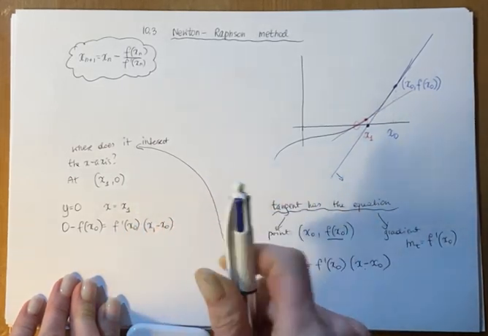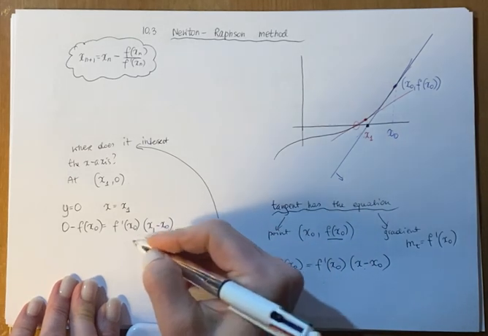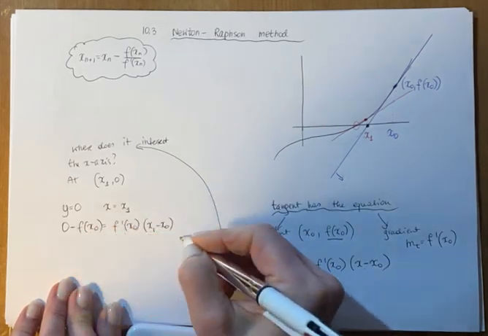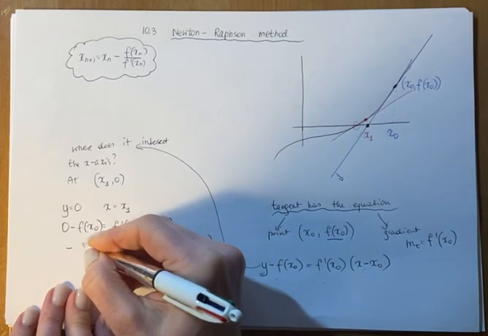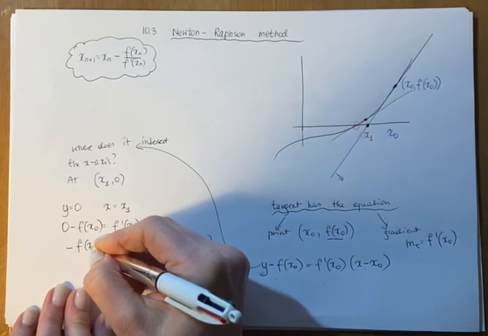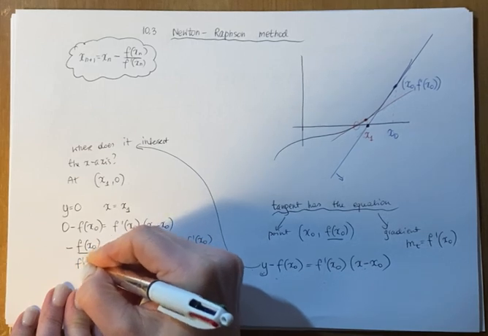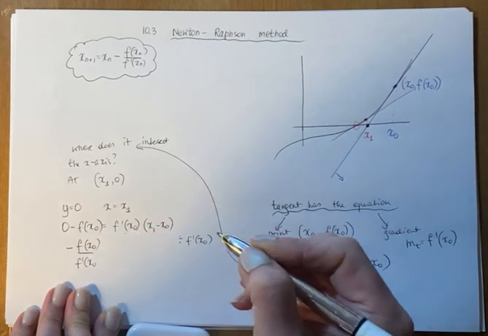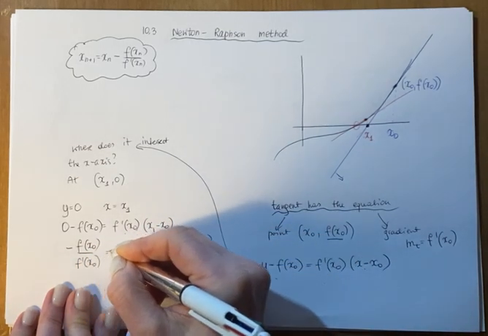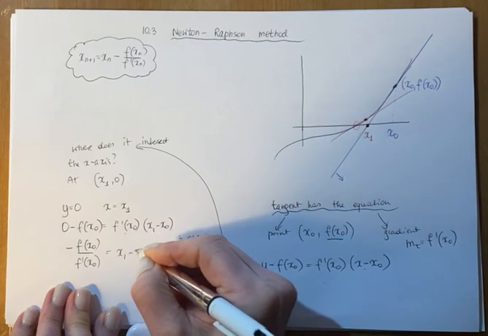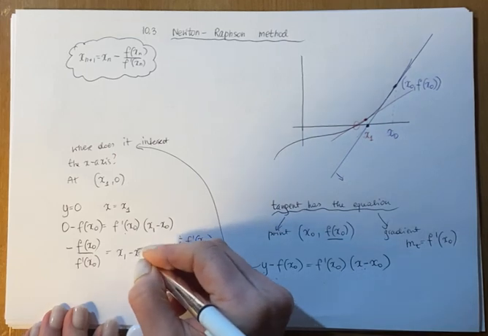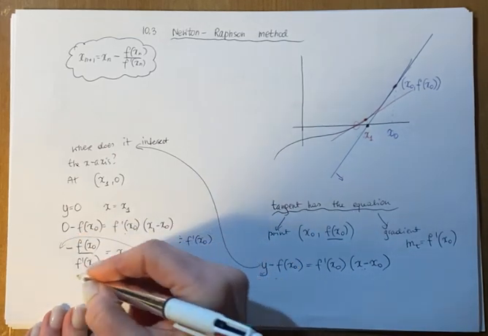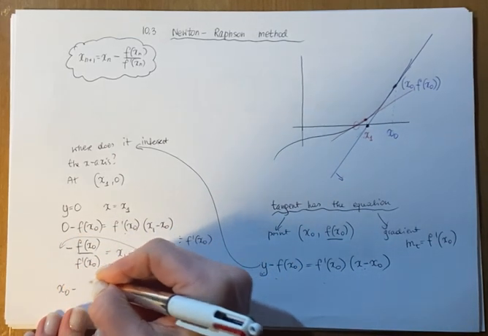All we need to do is just rearrange it. So the first thing I'm going to do is divide by f dash of x0, so the gradient, so f of x0 over the gradient. And you've got x1 minus x0, and we want to find x1, so let's move that x0 across, becomes positive.